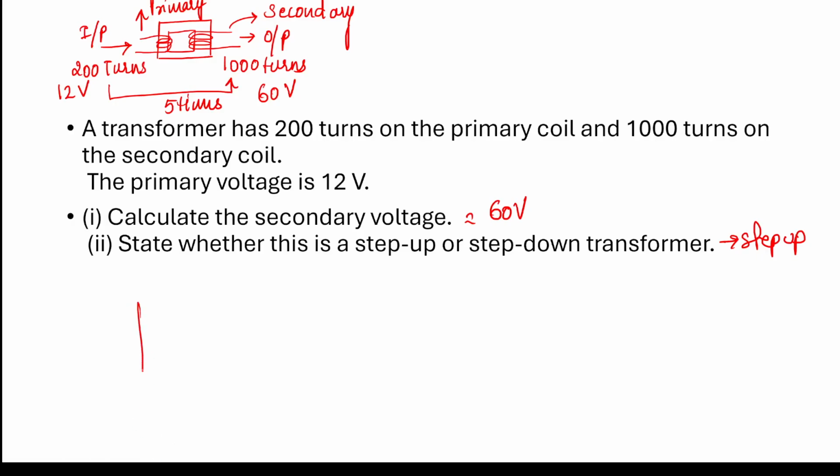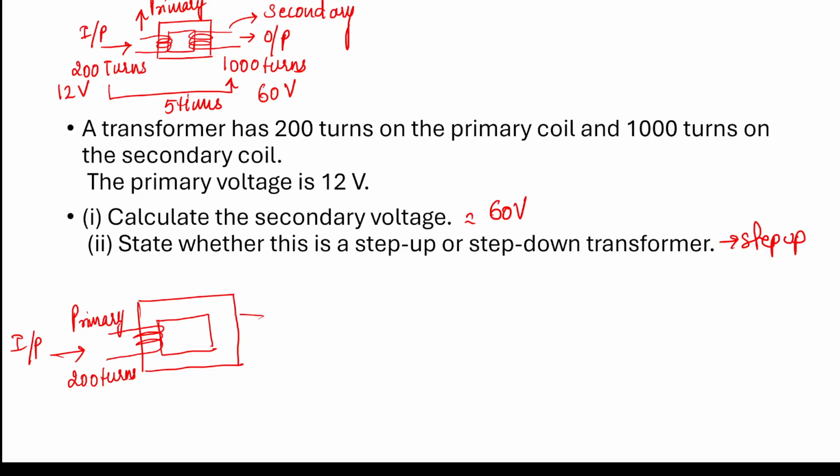Now, if I have another transformer, the one which is closer to the consumer house, that transformer has, let's say, 200 turns in the primary, where you give the input, and the output is, let's say, 10 turns, a very small number of turns. This is your secondary.